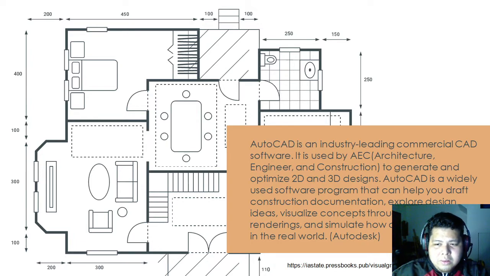AutoCAD is a widely used software program that can help you draft construction documentation, explore design ideas, visualize concepts through photorealistic renderings. Yes, AutoCAD is capable of that too, and simulate how a design performs in the real world. This is according to Autodesk themselves. So what we can see here is an example of an AutoCAD two-dimensional drawing.